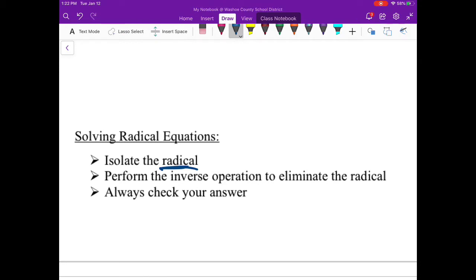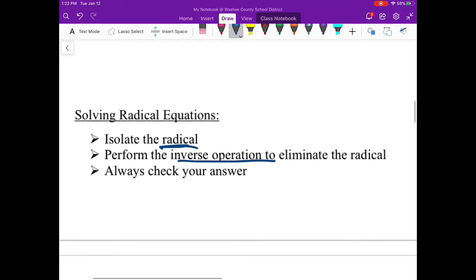And then once we have just the radical left on the left or right side, whichever side it's on, we're going to perform the inverse operation to eliminate the radical, so that's squaring both sides. And then we have to make sure that we always check our answer. There will be times where the answer that we get is actually not going to work. So we'll talk about what that means here in a moment.